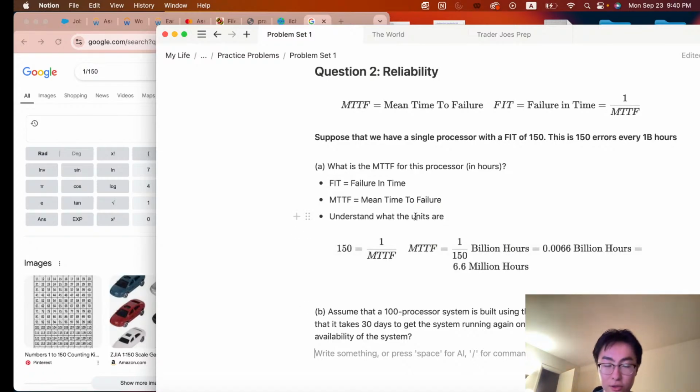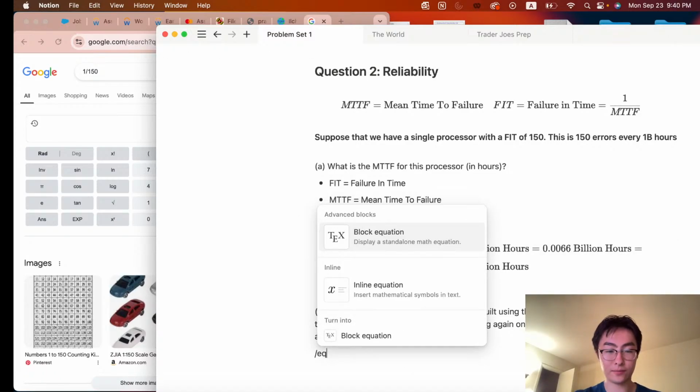If we have 100 processors, does that mean our mean time to failure scales by 100? I don't think so.